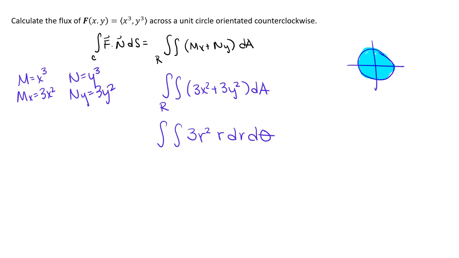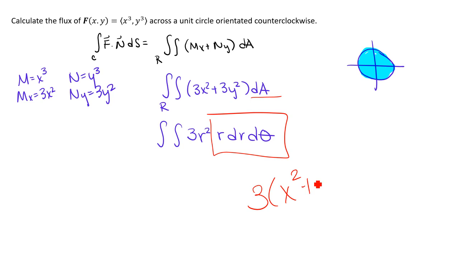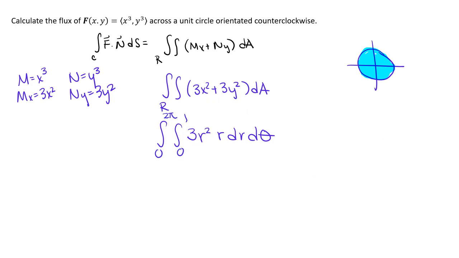I'm going to replace the dA with this r dr d theta. And then 3x squared plus 3y squared is the same thing as 3r squared. So I'll replace my function with 3r squared. And I'm over a unit circle, so the r's go from 0 to 1. All the way around the circle, the thetas go from 0 to 2 pi.